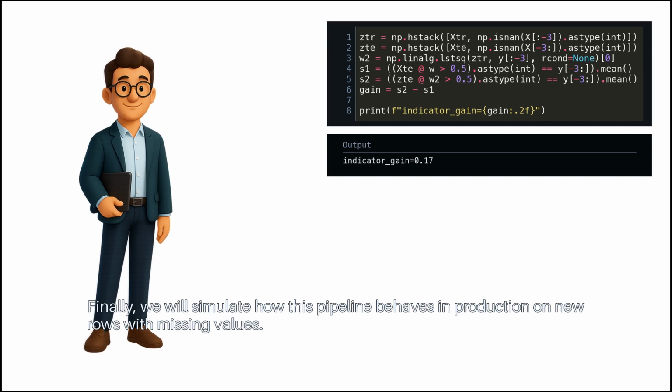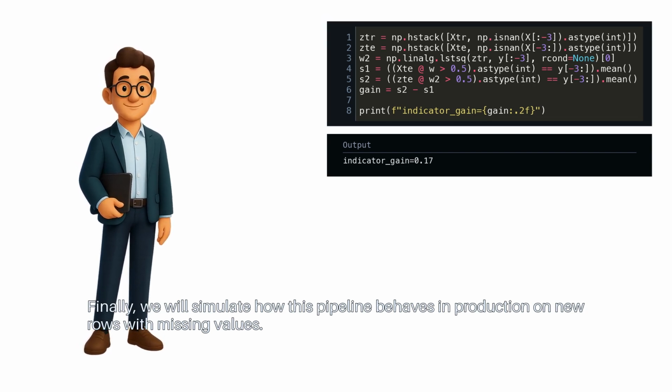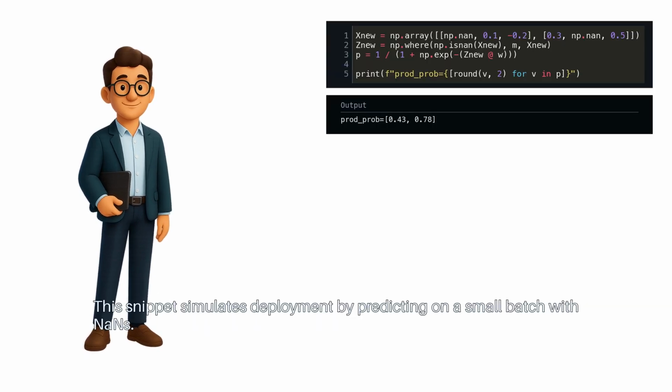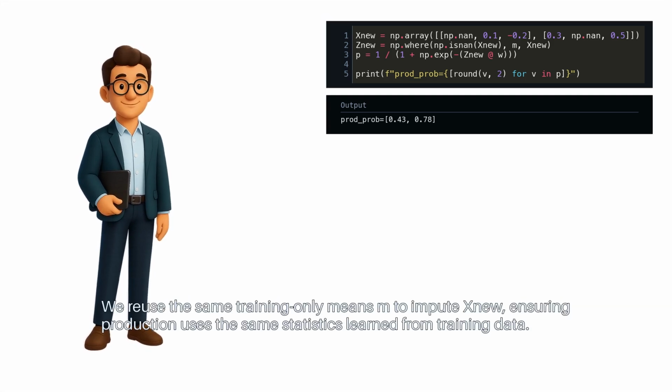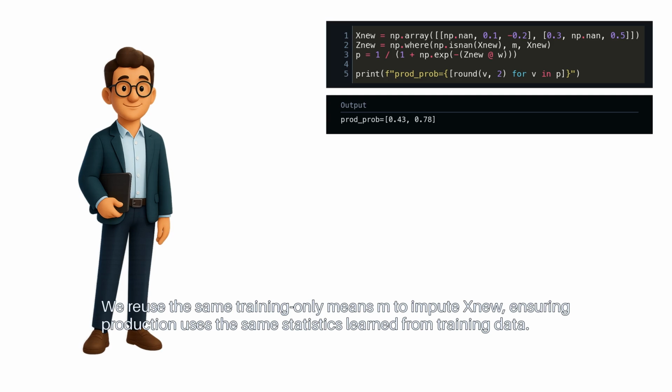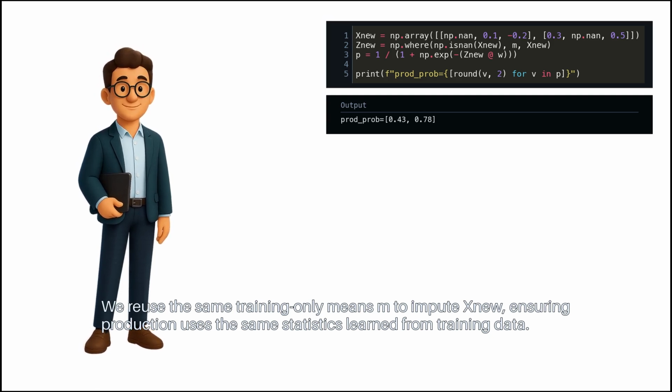Finally, we will simulate how this pipeline behaves in production on new rows with missing values. This snippet simulates deployment by predicting on a small batch with NaNs. We reuse the same training-only means M to impute X new, ensuring production uses the same statistics learned from training data.